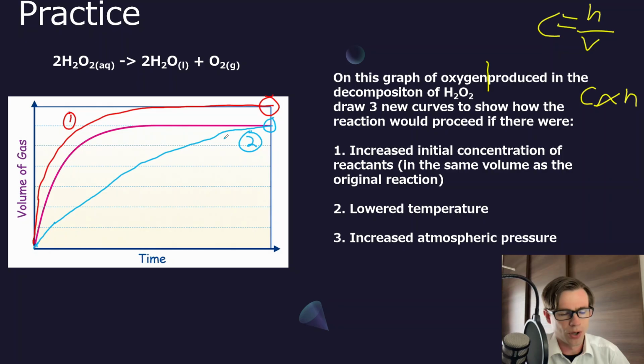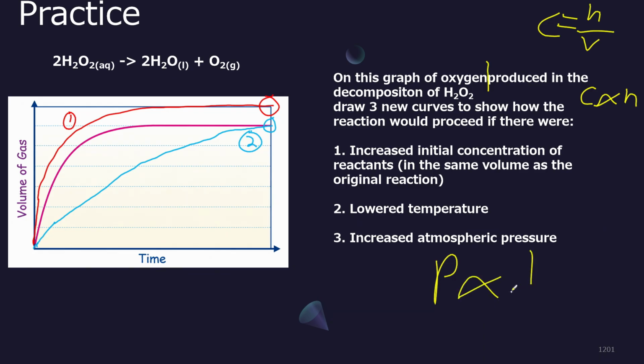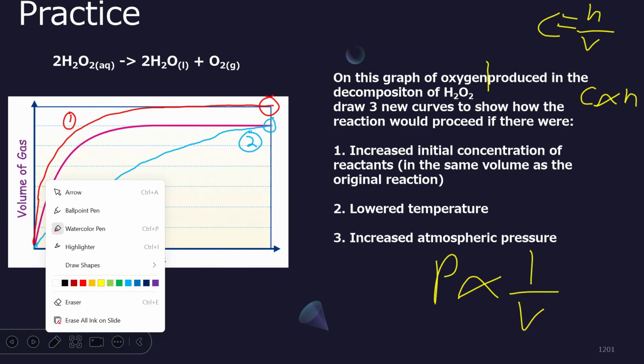Well, if we're going to have O2 being released and then filling a container that is presumably at atmospheric pressure, and we increase that atmospheric pressure, pressure is inversely proportional to volume. So that means whatever volume we measure will be lower than the original case.